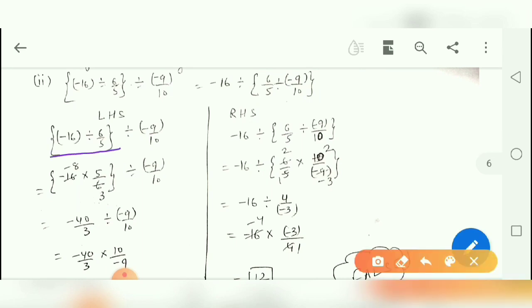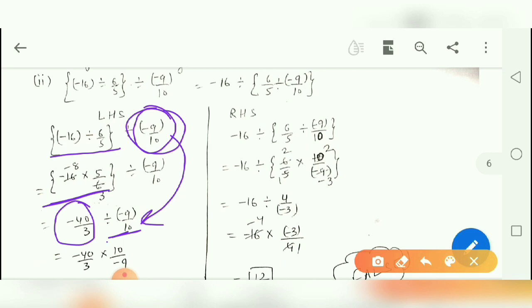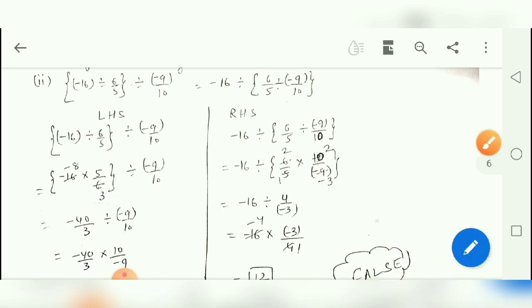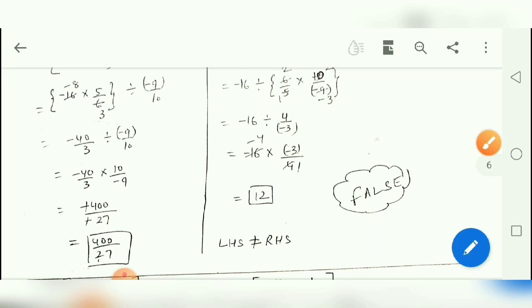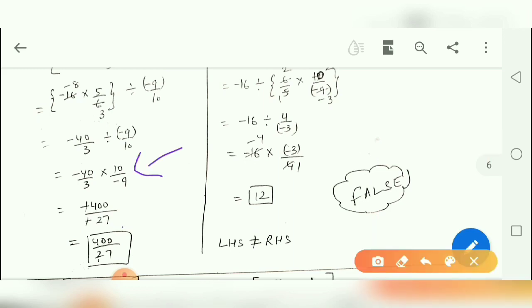First we will solve this bracket, and whatever answer comes will be divided by negative 9 by 10. So here we have done the solution of the bracket. After solving this, negative 40 by 3 we get as an answer, which will be divided by negative 9 by 10. When we solve this in the next step like this, we get 400 by 27 as the answer.